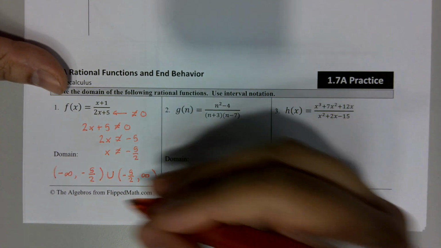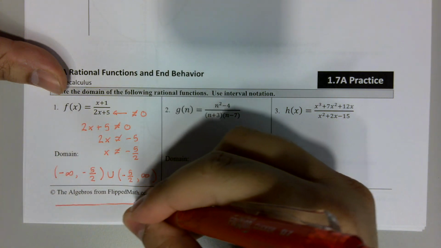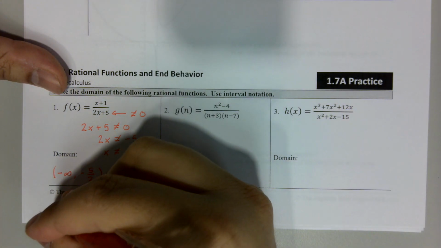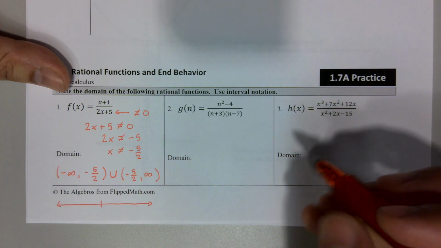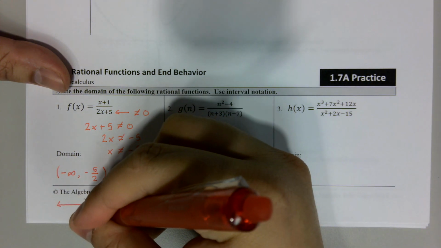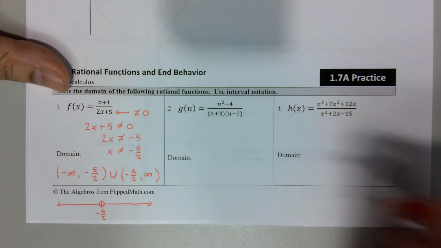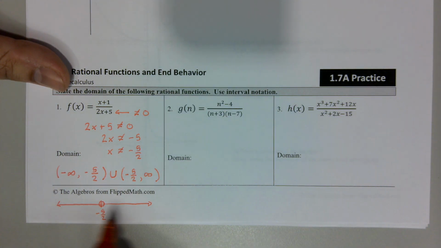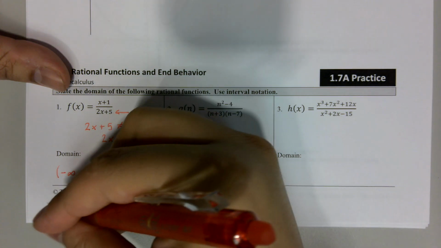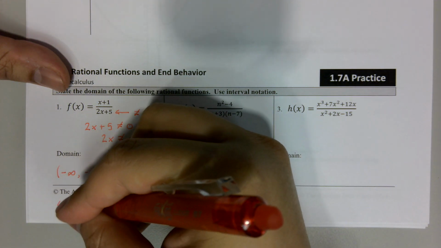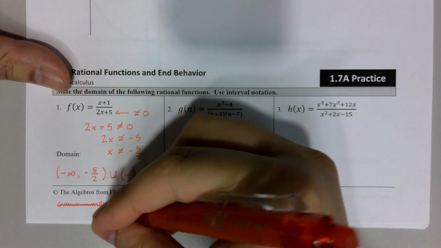So visually, it's like we have a number line, and our function is defined on its domain for everywhere except negative 5 over 2. So I could put a line here, and we have an open circle on negative 5 over 2. And everywhere else is fine.